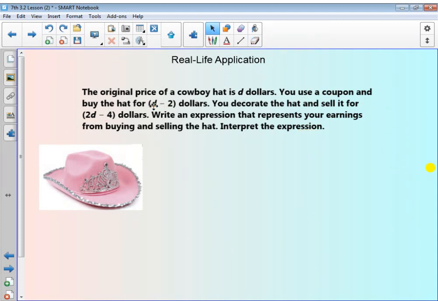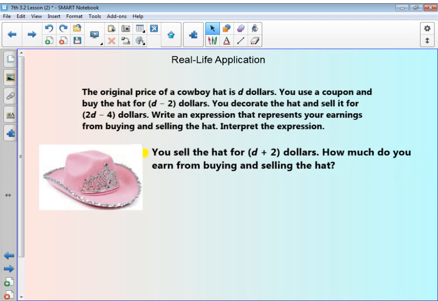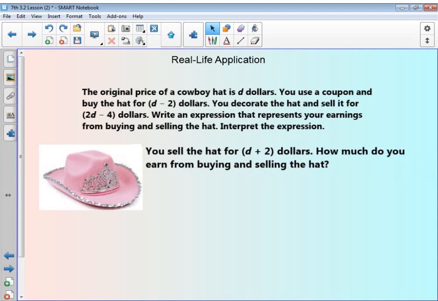All right, so let's go ahead and try a different scenario. It says you sell the hat for D plus $2. How much do you earn from buying and selling the hat? Okay, so now instead of using the previous equation, we're going to use this equation for selling it. So D plus 2.